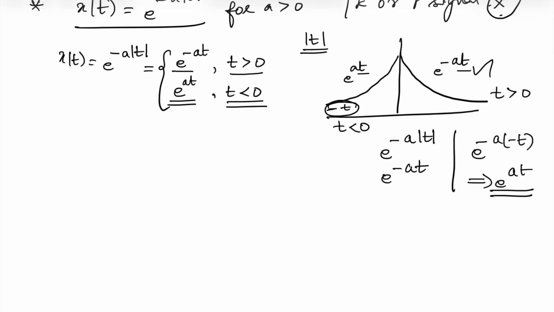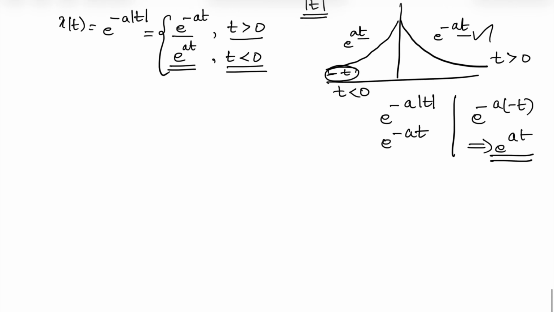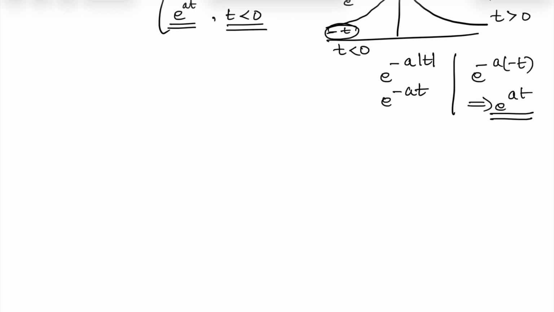Okay. Now the next step is where we need to go with the formulas. So what is the formula? We know the formula, energy E is equal to integral from minus infinity to plus infinity of x squared of t into dt, modulus. So what does this become? What is actually x of t from the question?